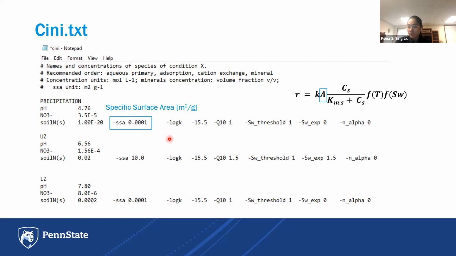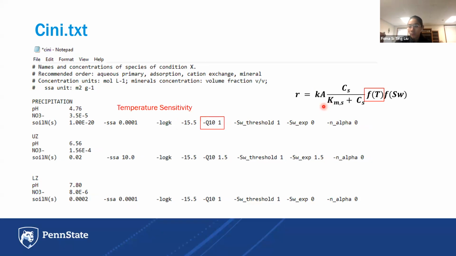If we recall from the last video, the Monod reaction rate is what we're going to use to define our soil N leaching process. This SSA, which stands for specific surface area, corresponds to the area term here in the reaction rate equation. We have the log K term, which directly refers to the reaction rate constant. Next, we have this Q10 term, which is the parameter that we use to define our temperature sensitivity.